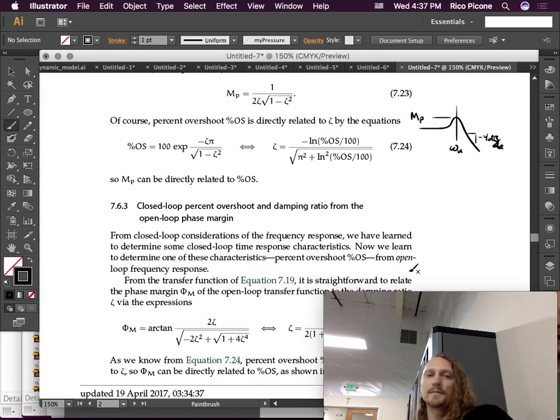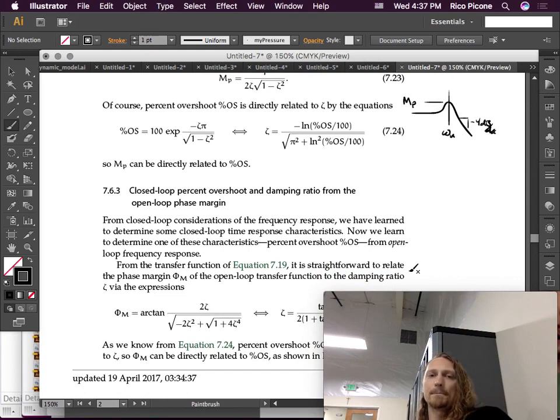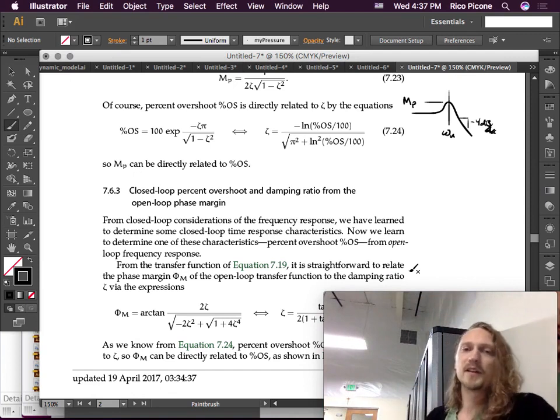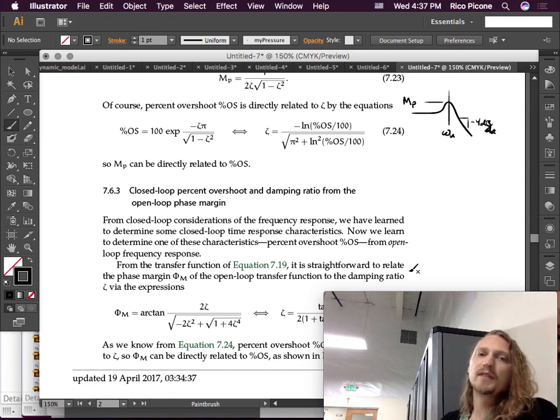And here's another useful relationship here. So closed loop percent overshoot, which is something that we are often interested in, and damping ratio, which come hand in hand, from the open loop phase margin.